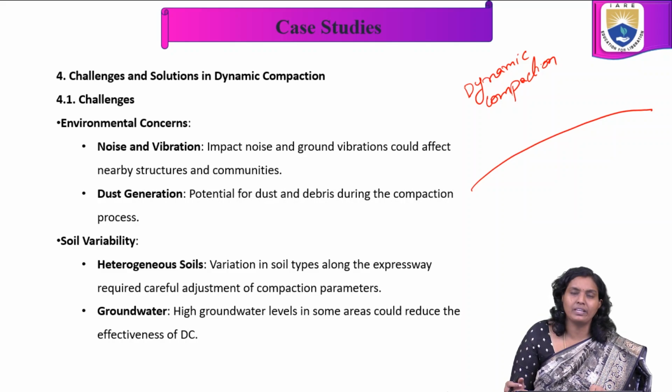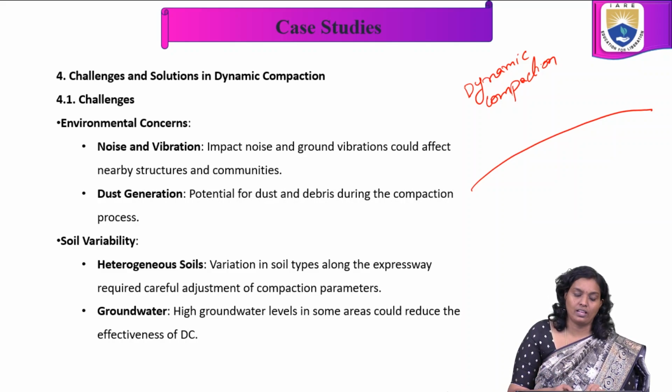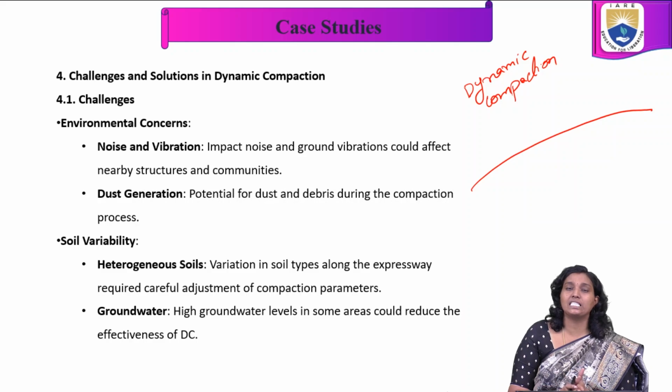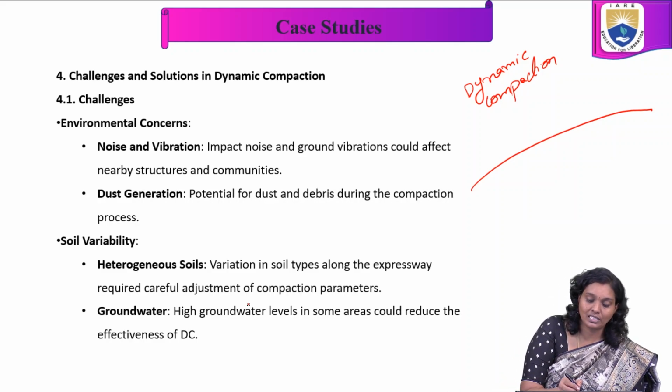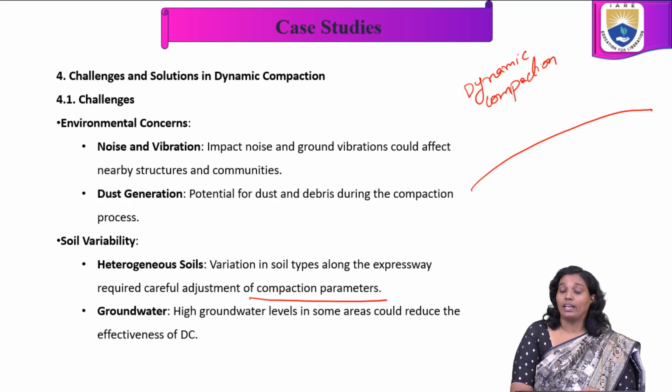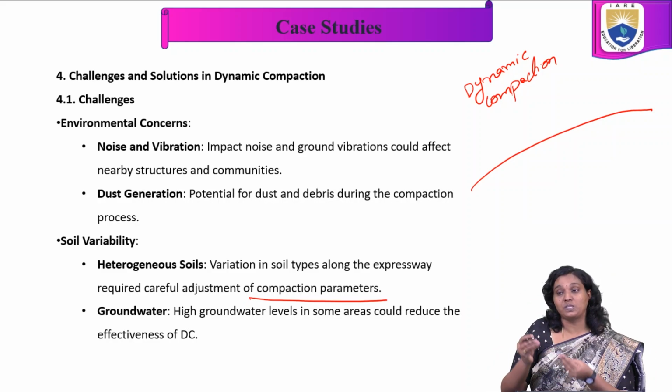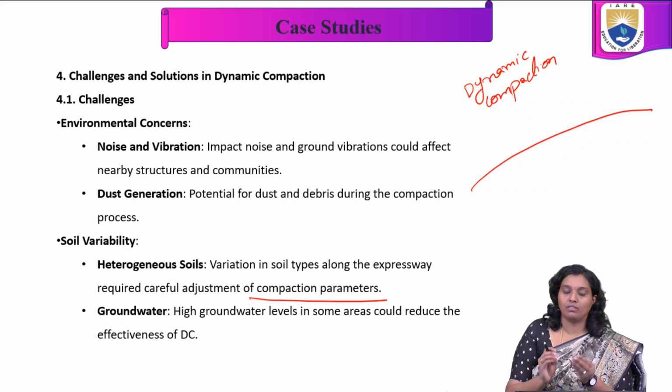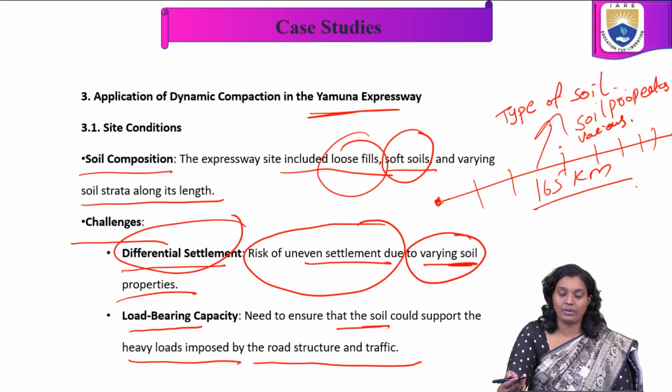Next, soil variability: heterogeneous soil and groundwater. Variation in soil types along the expressway requires careful adjustment of compaction parameters. Every time we may not use the same setup.